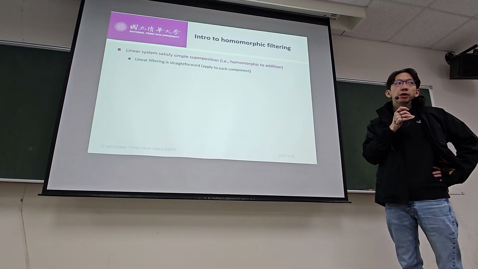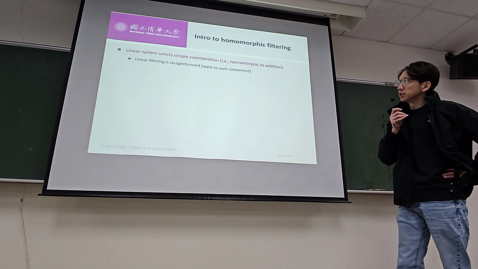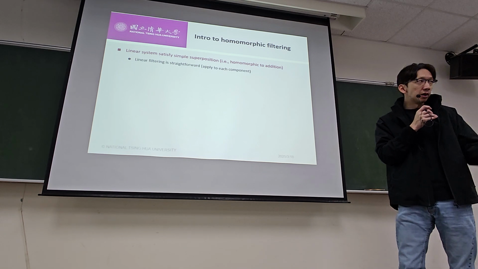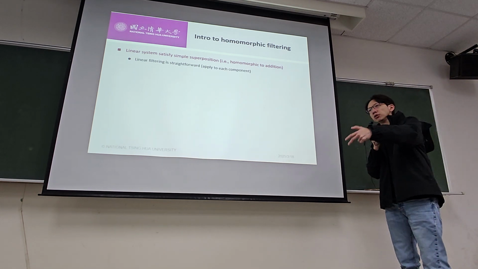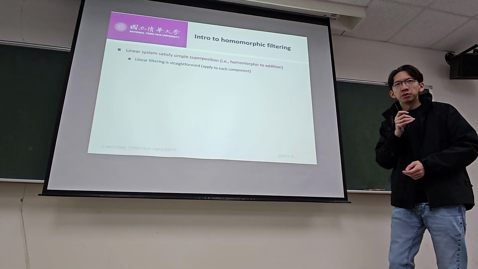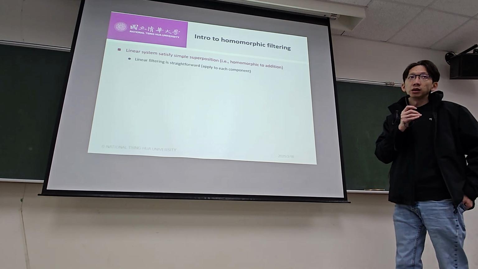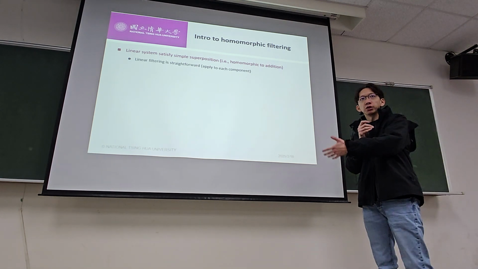We already know in terms of LTI systems that linear systems satisfy simple superposition. That's the definition of linearity, right? When two things add, applying a system onto the sum is the same as applying the system to each individual component and adding them up. That's superposition, the definition of linearity. We call that homomorphic to addition; it doesn't change with respect to addition.